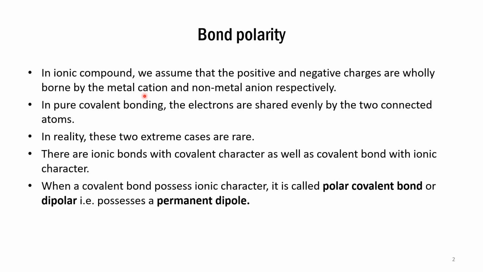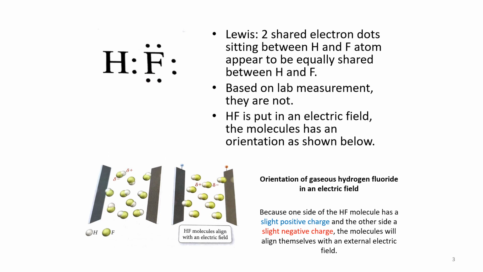So, when covalent bond possesses ionic character, it is called polar covalent bond or dipolar. Anda akan lihat nanti, ianya possesses a permanent dipole. Let's see the example here, hydrogen fluoride.